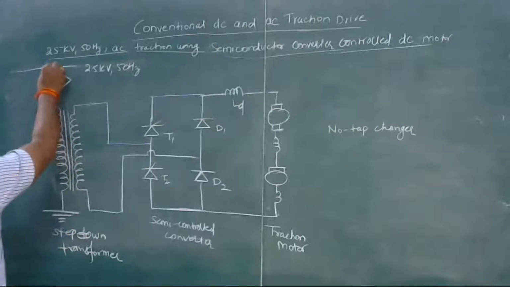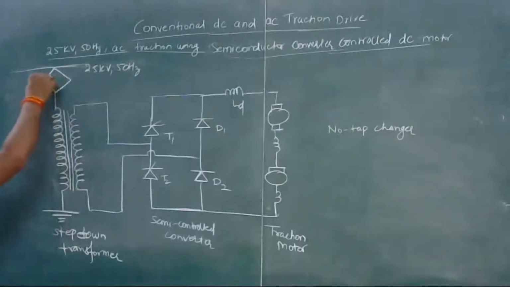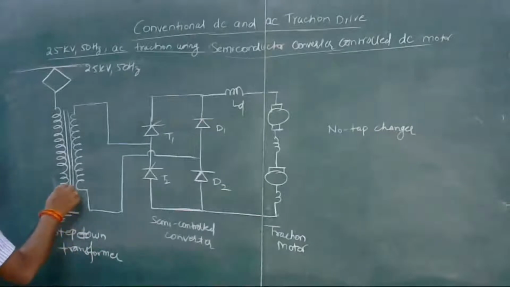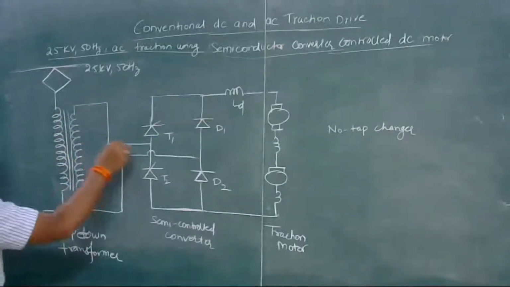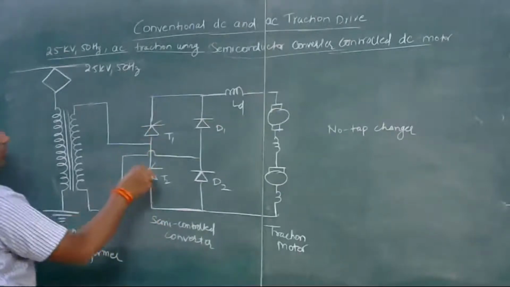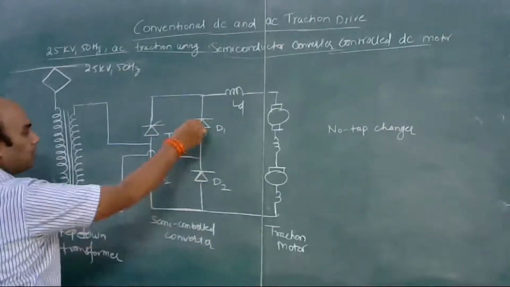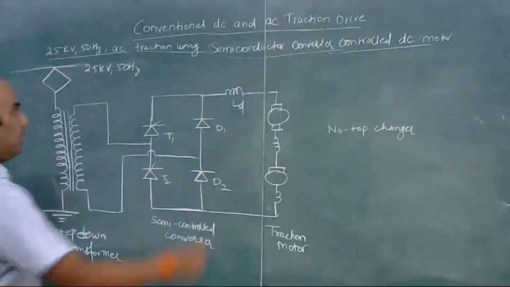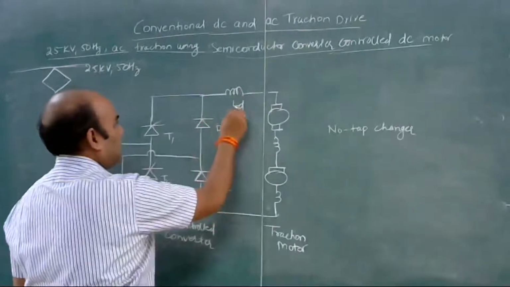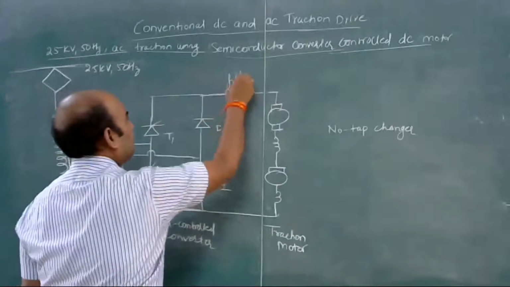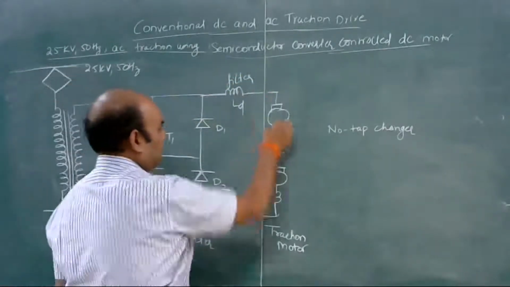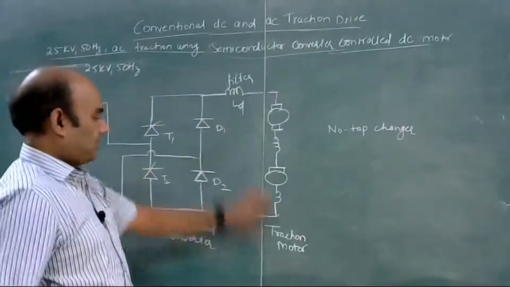So we bring this AC supply to the pantograph and the primary of the step down transformer, and the secondary is feeding the semi-controlled rectifier. Okay, two SCRs and two diodes are connected, and this L is the filter, which will filter out the ripples, and these are the DC series traction motors.